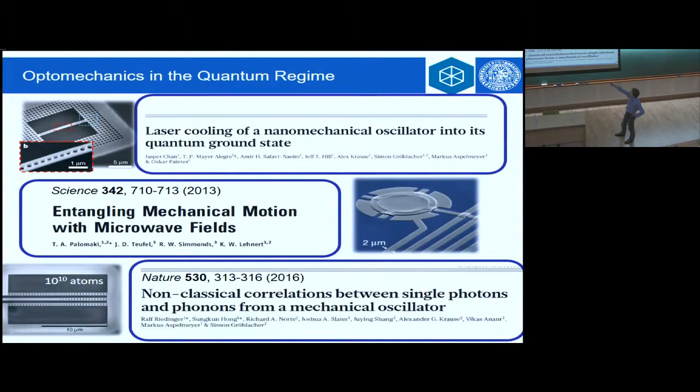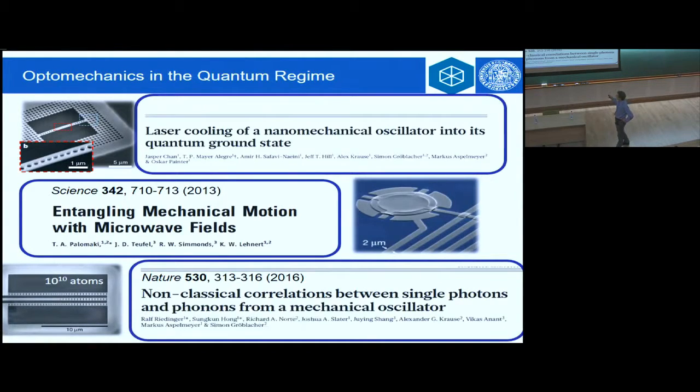First, laser cooling in optomechanics, and also a paper by the Teufel Group and Lehnert in 2011. Then Lehnert and Teufel et al. managed in 2013 to do entanglement between the microwave field and the mechanical resonator. So we're here really talking already very non-classical.